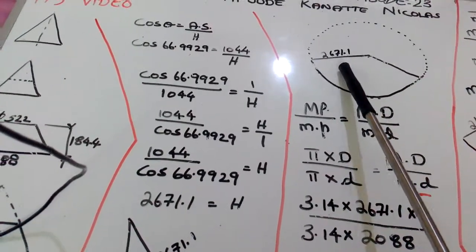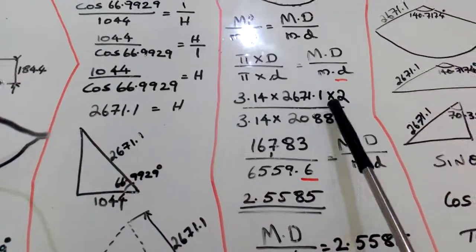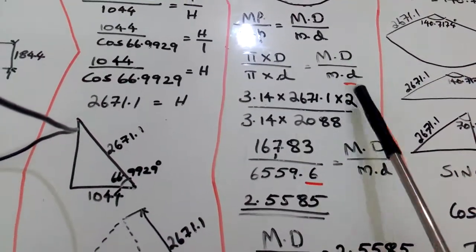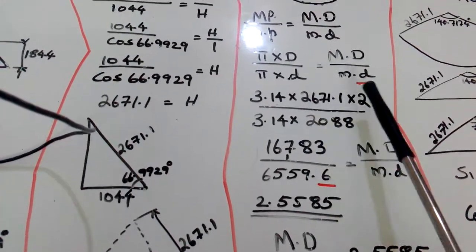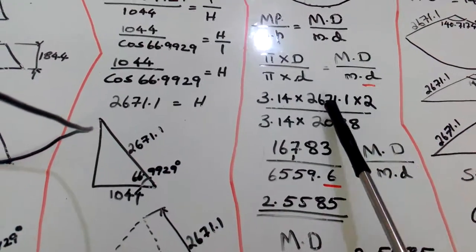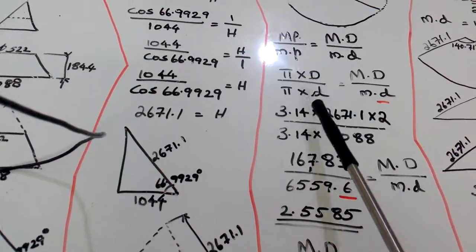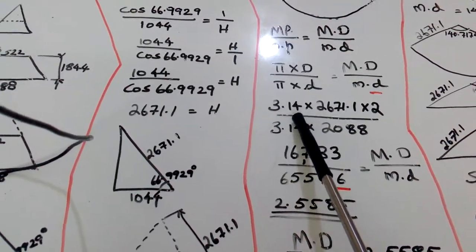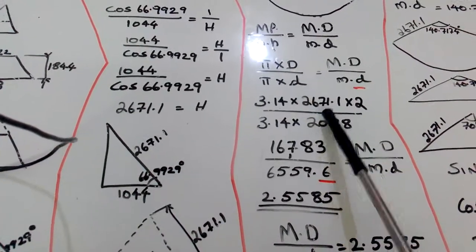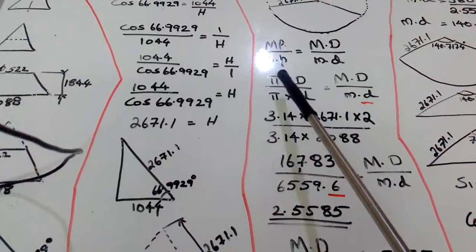So we use 2671.1 into 2. I have written it here. It means this is the diameter. These two will be multiplied together and then it will become the diameter. If we use this measurement only, it will be the radius only. So for finding out pi D, we have to use 3.14 for pi, and for D diameter, 2671.1 into 2.